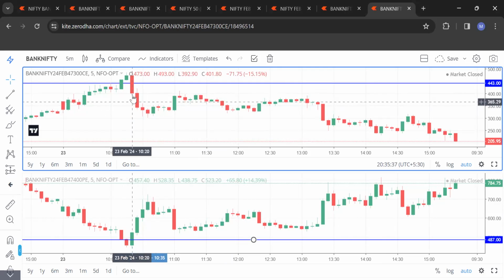Just calculate again: 443, cube root of 443 is 7.62. 7.62 multiplied by 7.62, 58. This candle should be more than 58 points. It is more than 100 points.